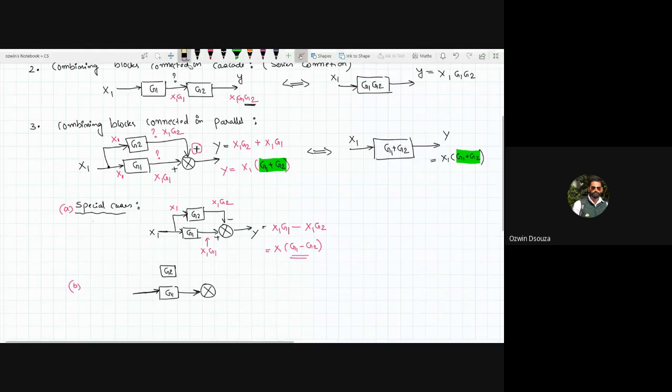What I will do, this case 2, let me discuss when we consider the problems, because that is going to be a little confusing. No problem. Fine. So rule number 3 is done.